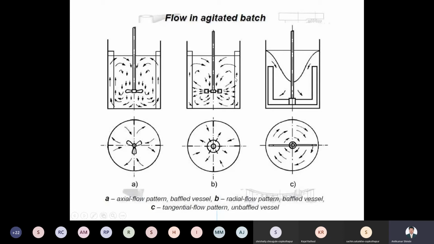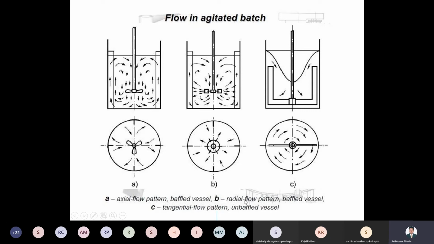Some of the material goes upward, some goes downward, and again comes into the mixer at the center. It is both for the left side and for the right side. Somebody is going upward, somebody is going downward. But in axial flow, the material goes downward and then again goes upward. Both are possible.